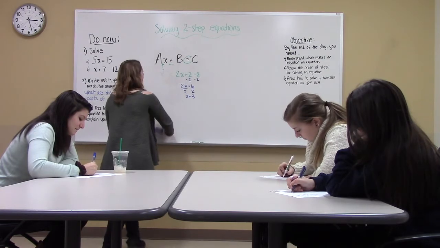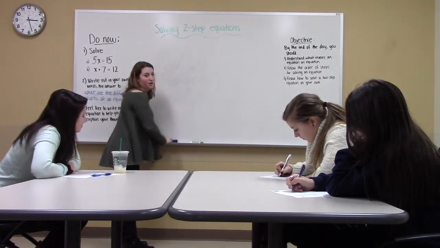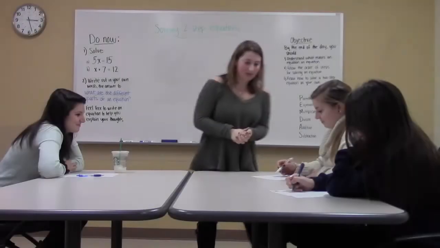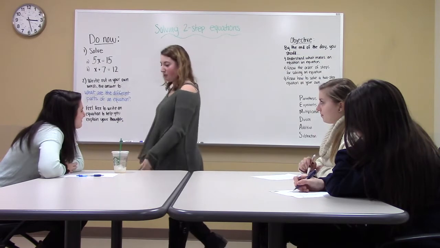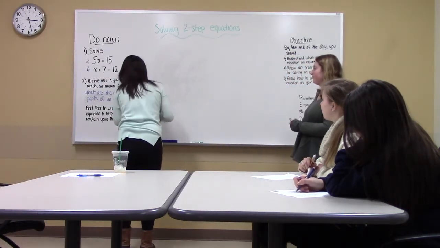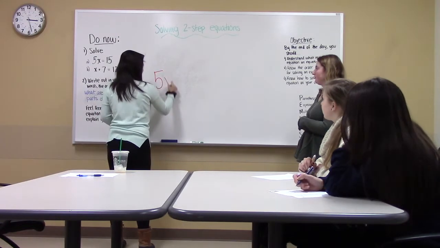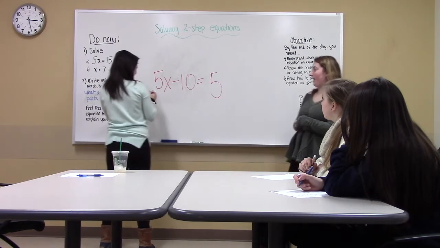And then I'm going to have you write on the board what your equation is, and then we're going to solve it together. Good work, Lauren. Okay, Michelle, your equation's awesome. Do you want to come write that on the board? Great. Okay.